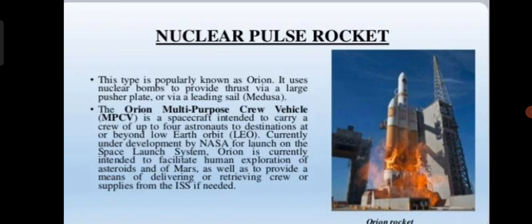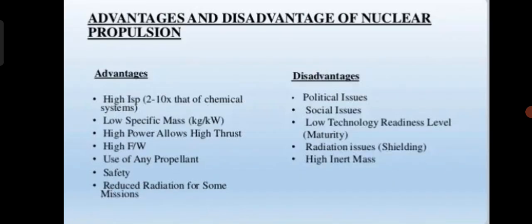Currently under development by NASA for launch on the Space Launch System, Orion is intended to facilitate human exploration of asteroids and of Mars, as well as to provide a means of delivering or retrieving crew and supplies from the ISS if needed.